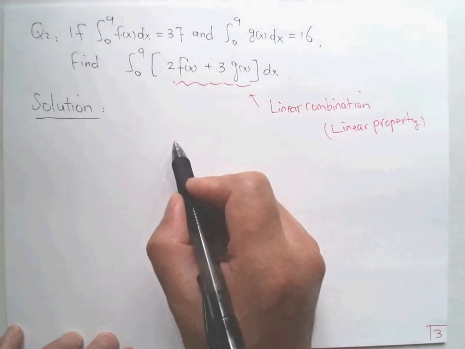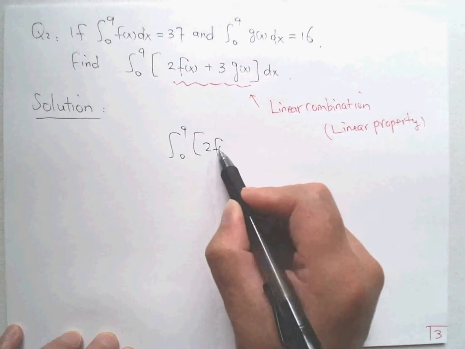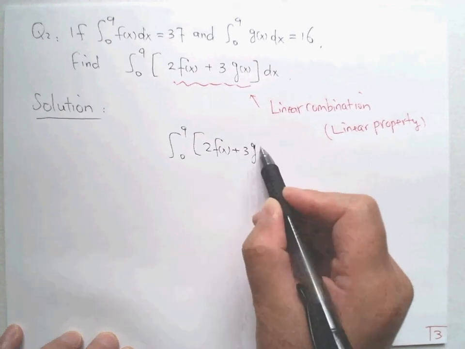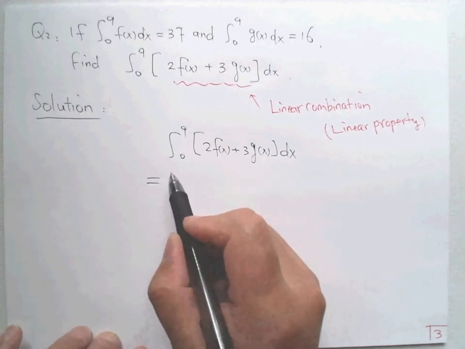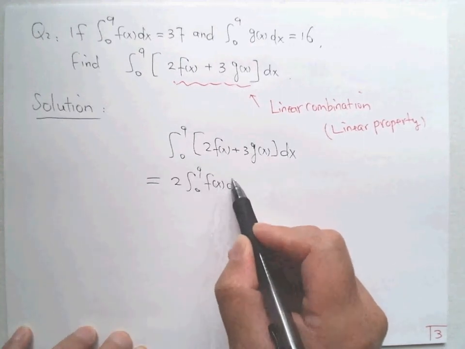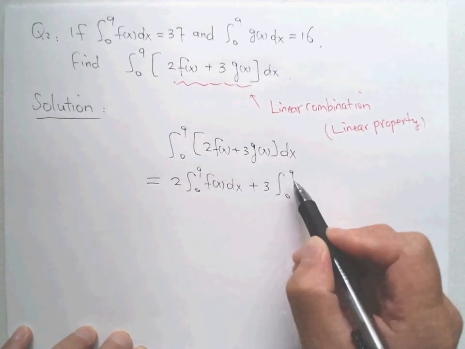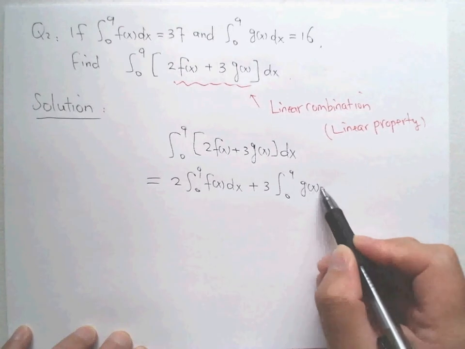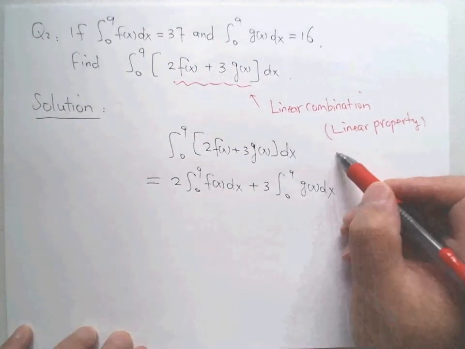I think now it should be easy, right? So for 0 to 9, we have this linear combination, and with the linear property we can do this: 2 times the integral from 0 to 9 of f(x) plus 3 times the integral from 0 to 9 of g(x) dx. This we call the linear property.